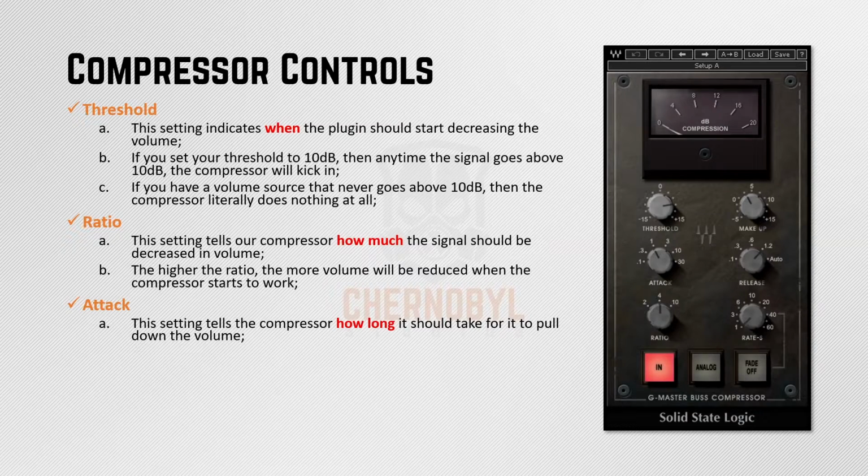Say you have a threshold at minus 10 dB, a ratio of 4 to 1, with an attack of 1 millisecond. That means anytime the volume goes above the threshold of 10, it should take 1 millisecond for the volume to be reduced by a 4 to 1 ratio. That's all you're telling the compressor to do. Like I said, it's just an automatic volume fader that you're adjusting with the compressor.